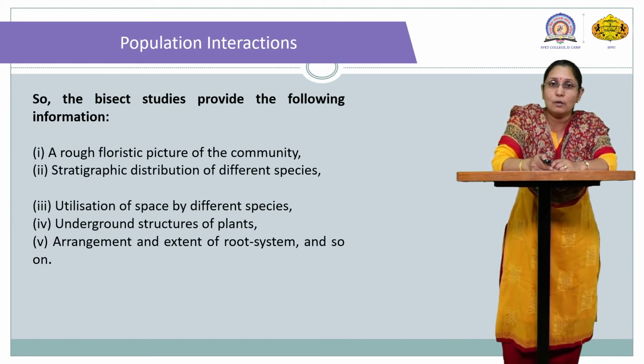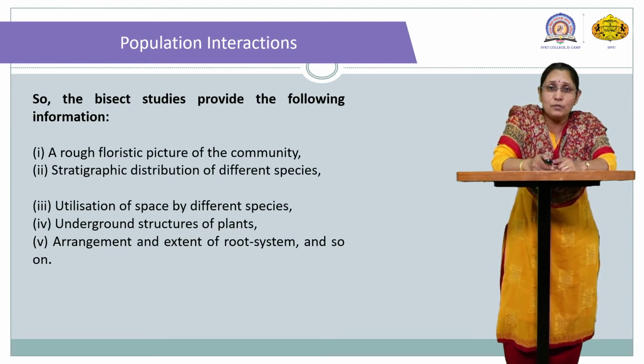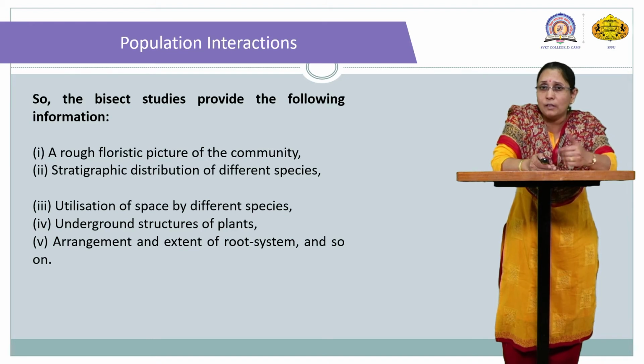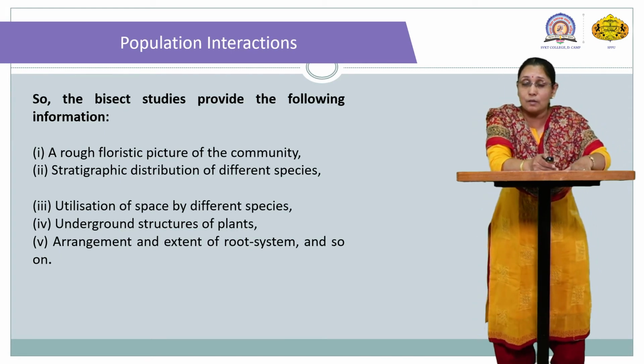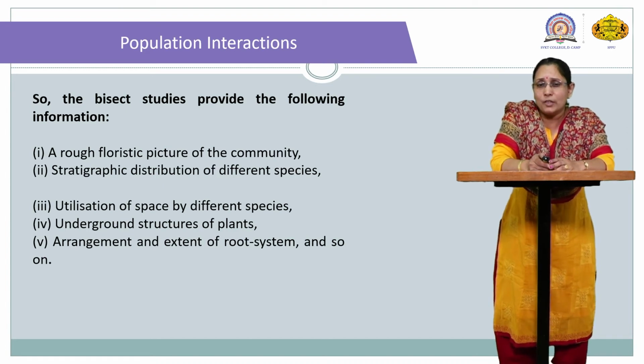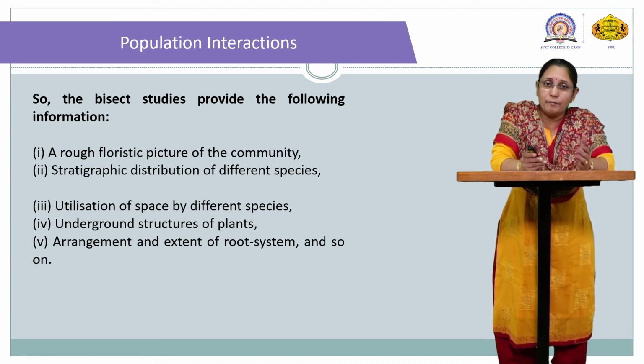So the bisect study provides the following information, the benefits which are listed here. First is the rough floristic picture of the community, meaning the overall floristic picture of that particular vegetation or community. Then the stratigraphic distribution of different species, the stratification, we call it the utilization of space: how much area is utilized by this particular species or different species.